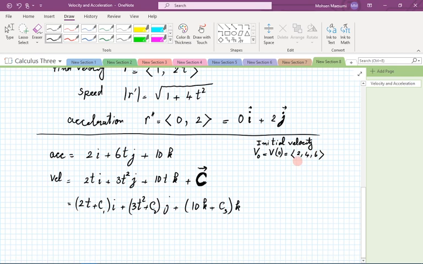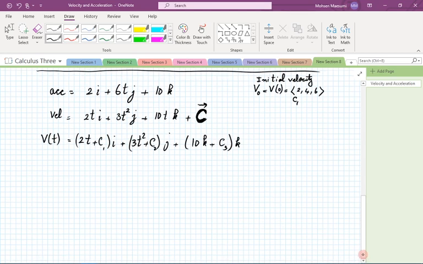Well, here this is the velocity at time t. We go calculate what it is going to be at time 0, at initial time. It so happens that these functions that we have, I forgot to put a t here.